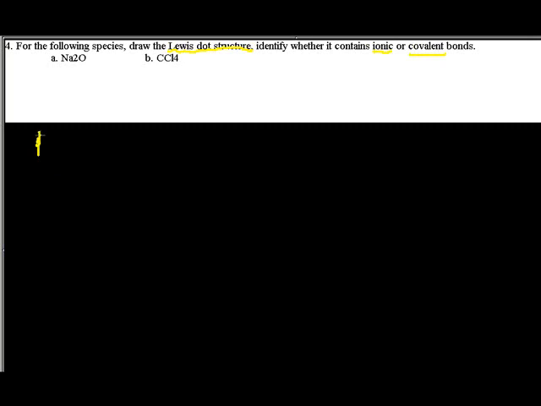So Na, sodium, has a single outside valence electron. Oxygen has 1, 2, 3, 4, 5, 6 electrons on the outside, and the second sodium has this.